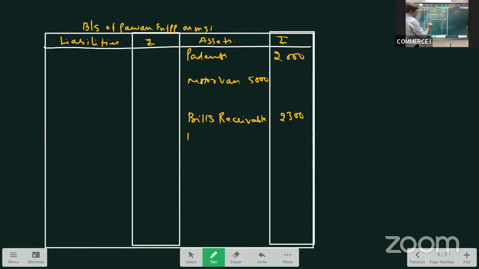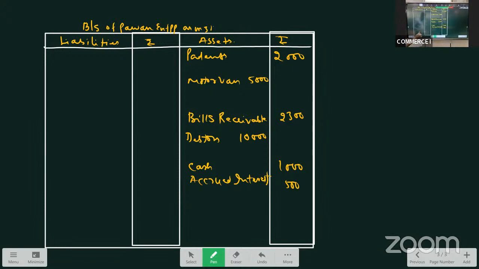Then we have debtors. Debtors are 10,000. I'll write in the inner column, as we have an adjustment on that. Cash. Cash is an asset, 1,000. Accrued interest. I told you it is also an asset. Accrued interest means the interest which we have earned, but it is not due and not received.